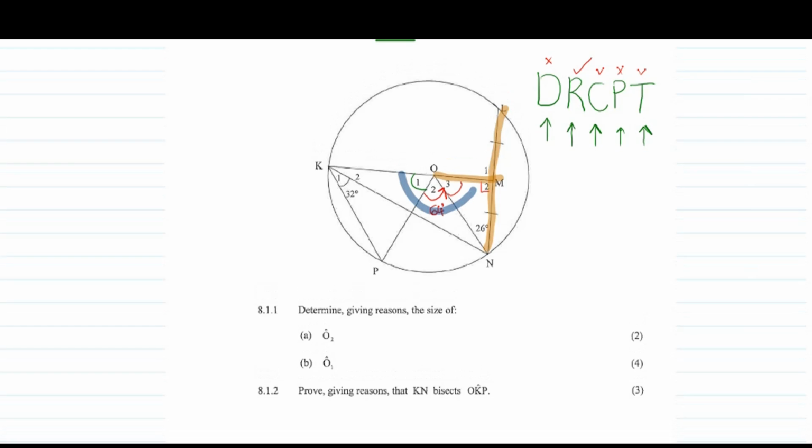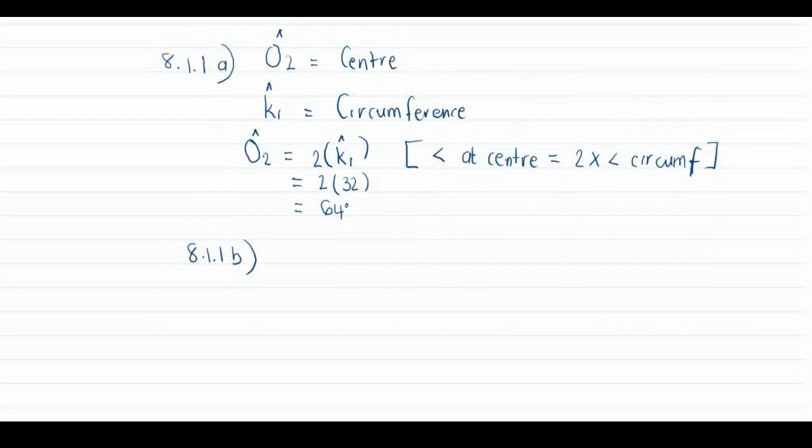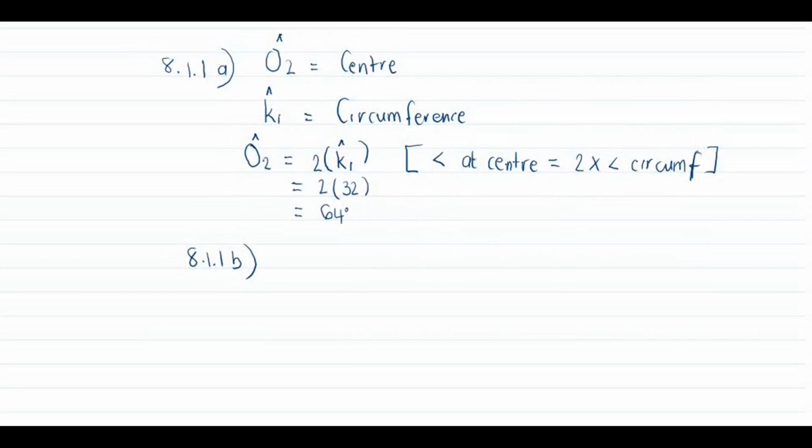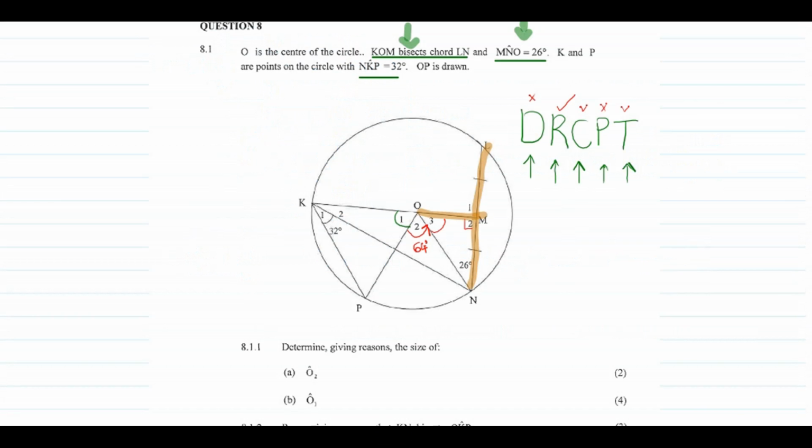So let's just get our O3. We said that OM is perpendicular to LN according to the radius chord theorem, and because of that our N2 is equal to 90 degrees.